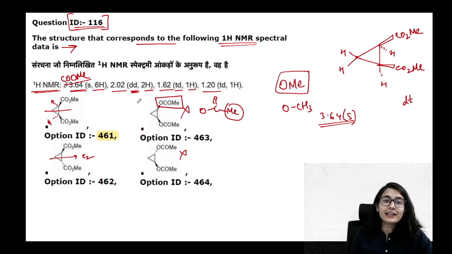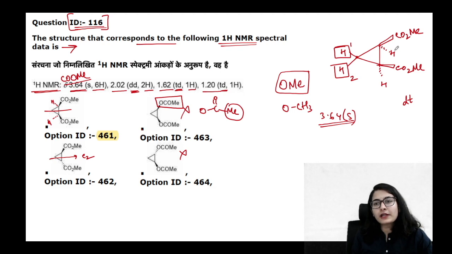No, we have a triplet of doublets, and yes, triplet of doublets once again. So let's see further. If these two hydrogens are different, let's say this is H1 and this is H2, then H1 is going to split this hydrogen into a doublet, and H2 will also split this hydrogen into a doublet. Now it is going to become a doublet of a doublet, which means these two are diastereotopic protons.